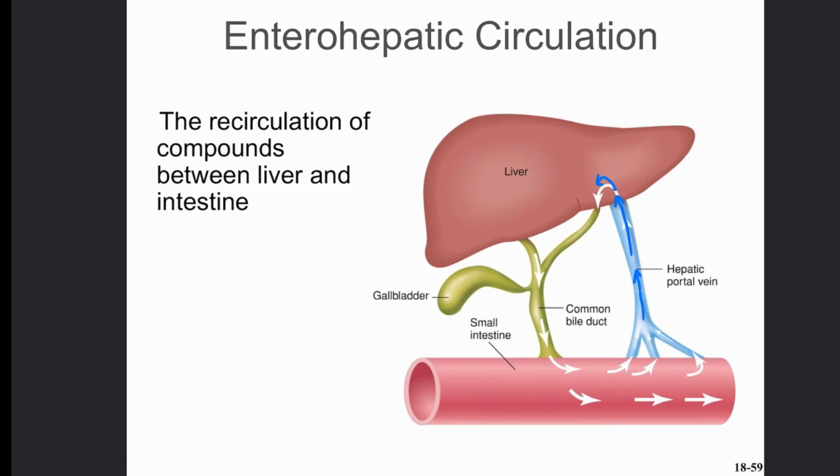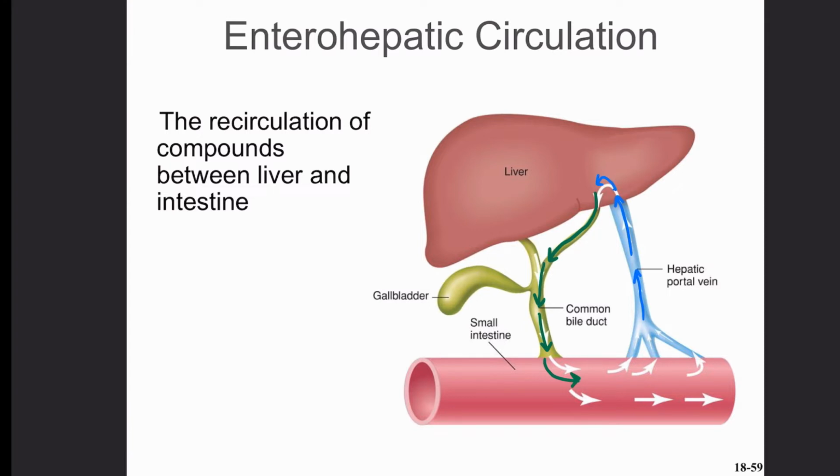But some of those molecules that came in via the hepatic portal vein, they could actually get recirculated and go out via the bile. And so it may come back out the common bile duct into the small intestine.